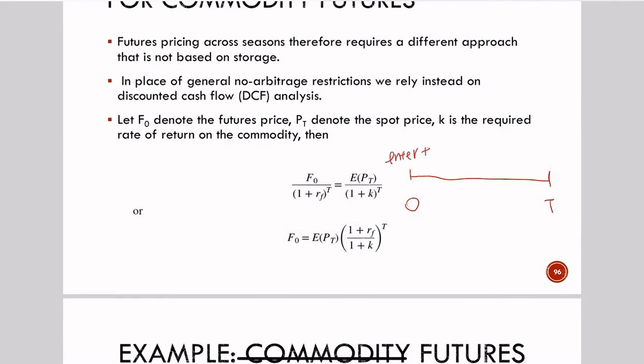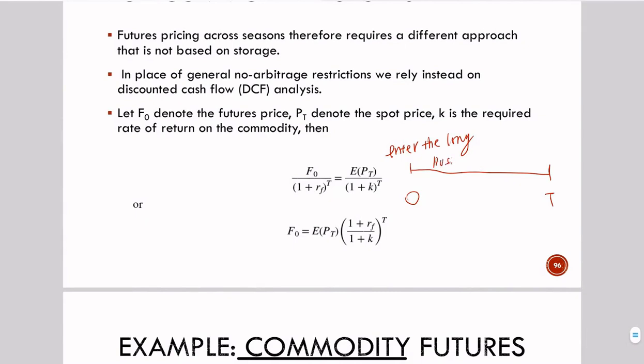So you will enter the long position. And then on date t, the maturity date, you will have to pay F0, which is the futures price. And let's say the expected spot price on date t is given by EPT.